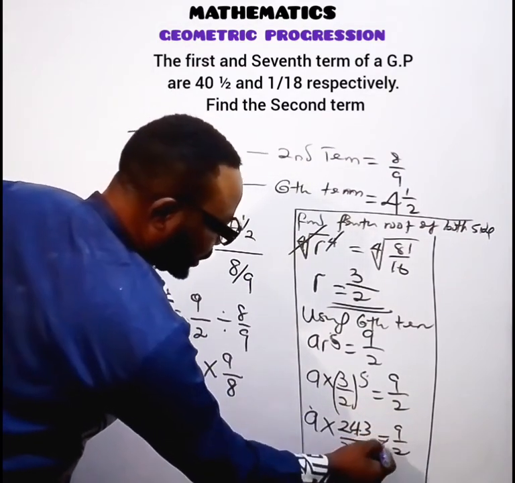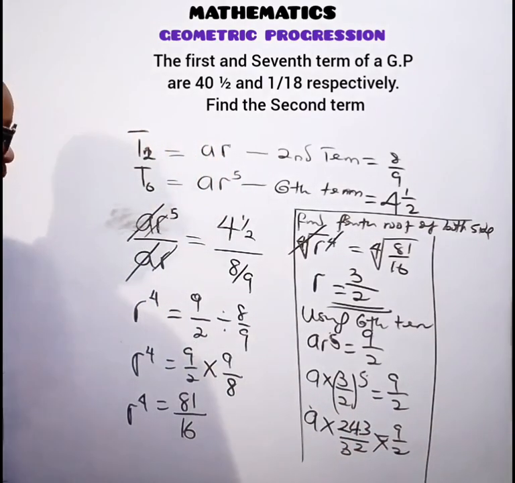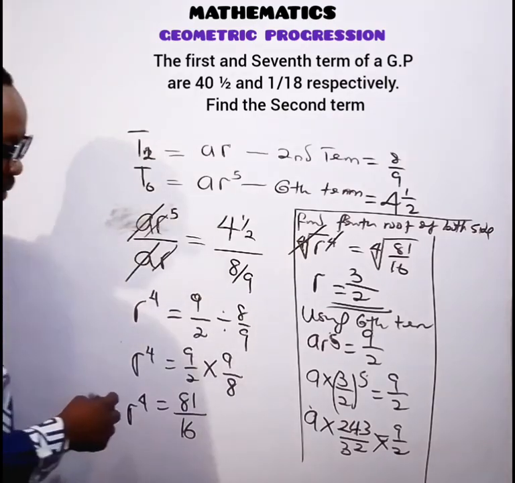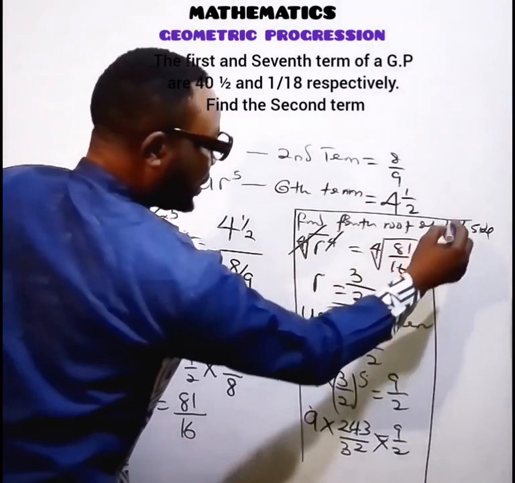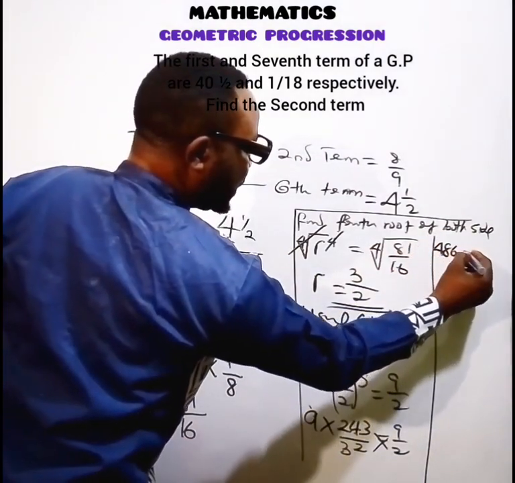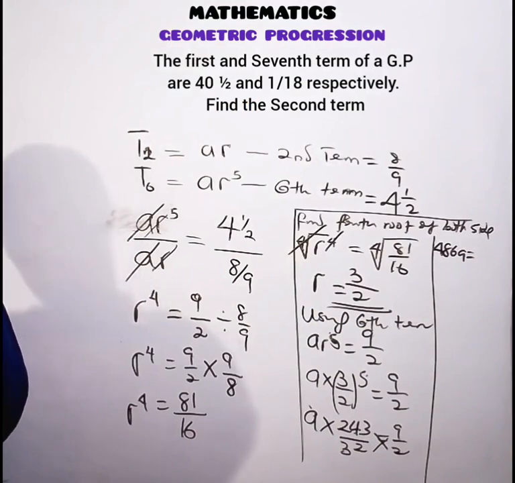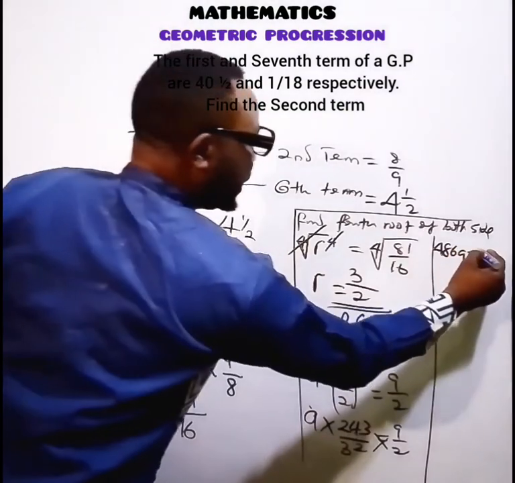We are going to cross multiply now. We are having 243 multiplied by 2, which is 486. 486a is equal to 9 times 32, which gives us 288.